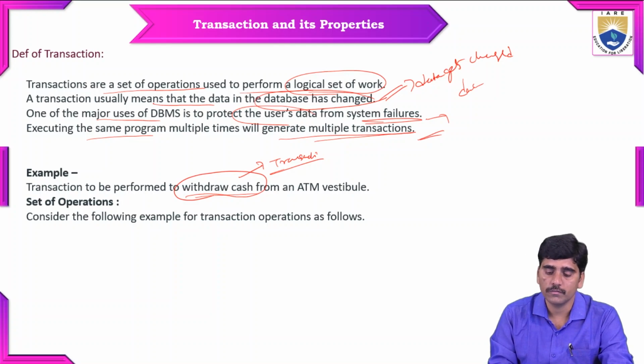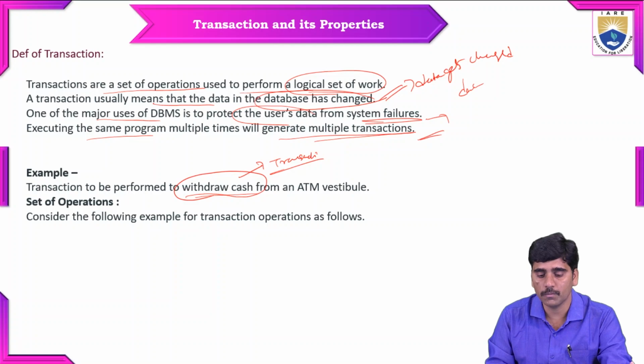So here withdrawing cash is one transaction. To do that, we can have different types of operations. So what are those operations? Inserting card is one operation. The next is selecting language, which is one operation.